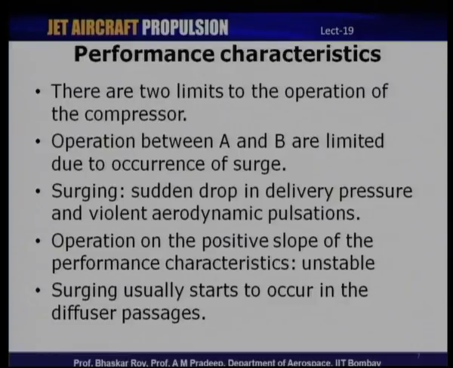And it is observed that most of the time surging usually begins to occur in the diffuser passages, primarily because of the effect of boundary layer separation on the diffuser passages. When we discussed diffusers in the last lecture, I specifically mentioned that the performance of diffusers is very sensitive to the occurrence of boundary layer separation, and therefore surge is often initiated in the diffuser passages.